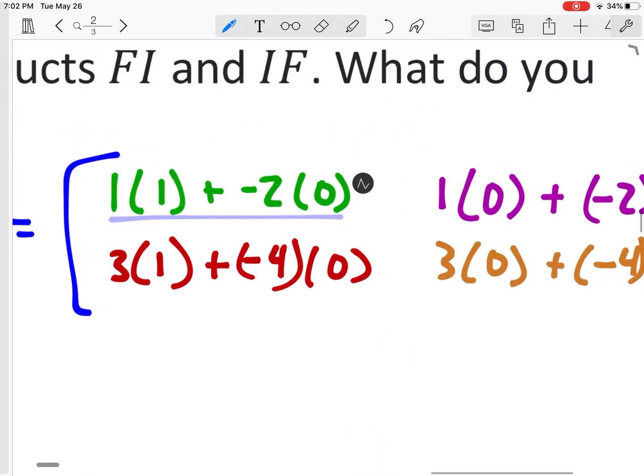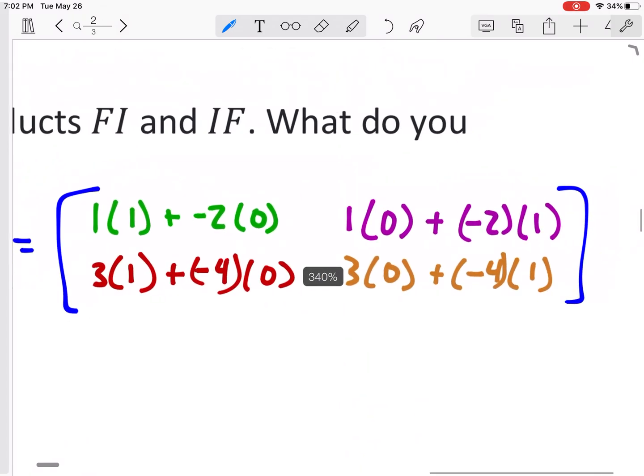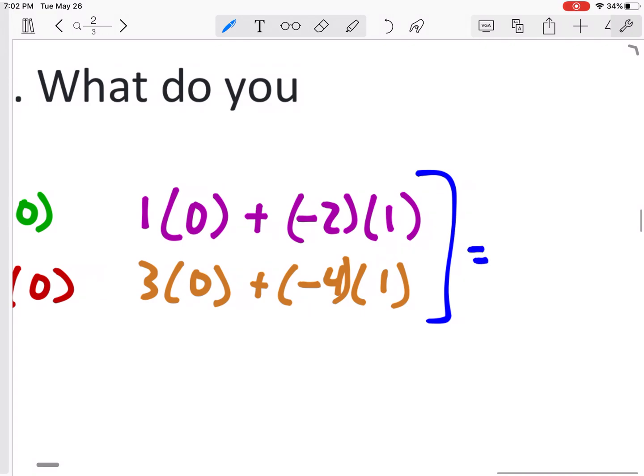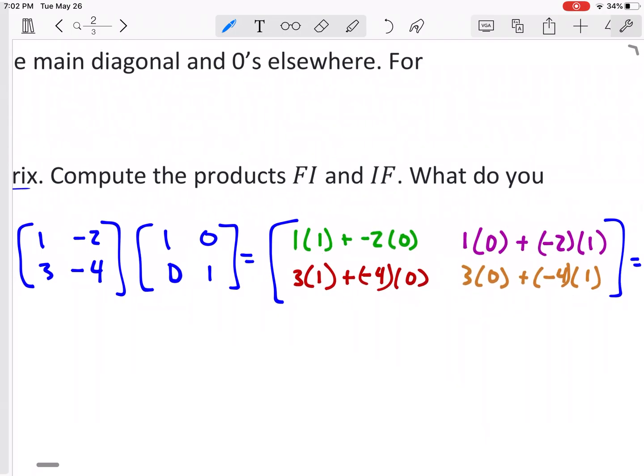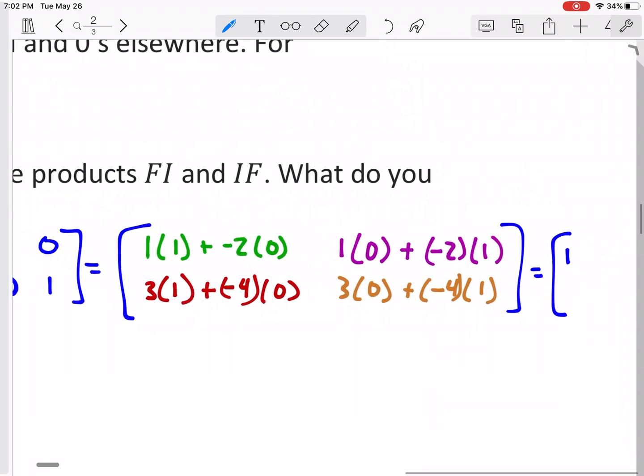Here we should see 1 times 1 plus negative 2 times 0. Well, that's just 1. 1 times 0 is 0, plus negative 2 times 1. Where did I get the negative 2? Oh, yeah, it is negative 2.